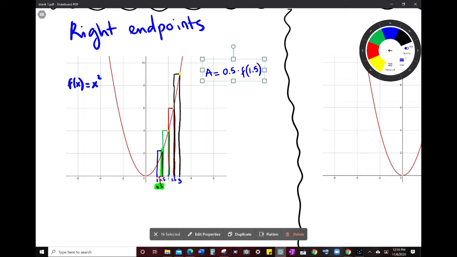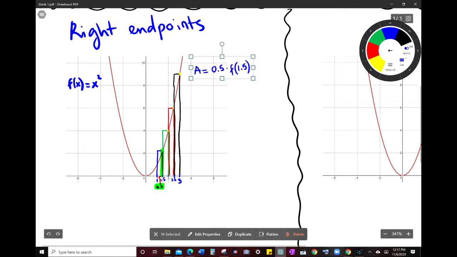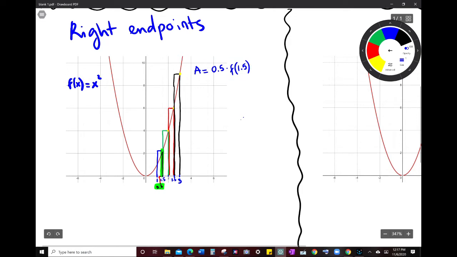That means I will plug 1.5 into f of x. So f of 1.5 is 2.25, and 0.5 times 2.25.